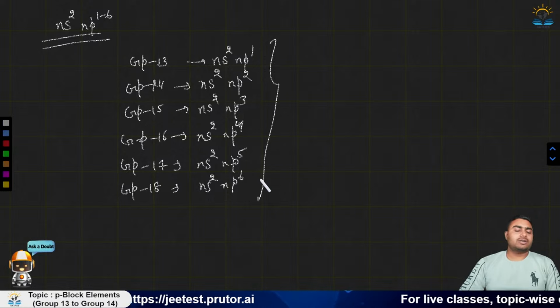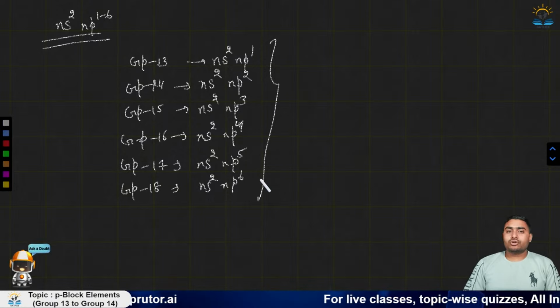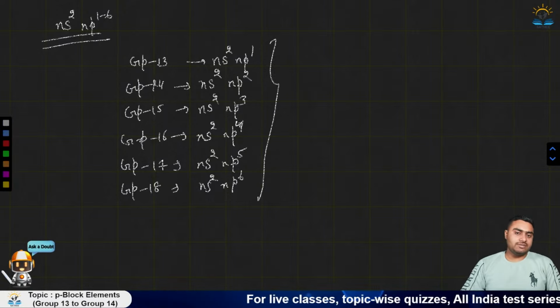So these are the groups, and this is the general electronic configuration of each group or family.